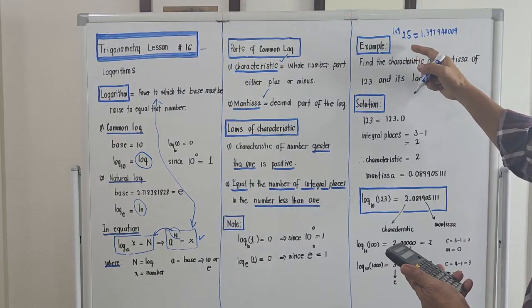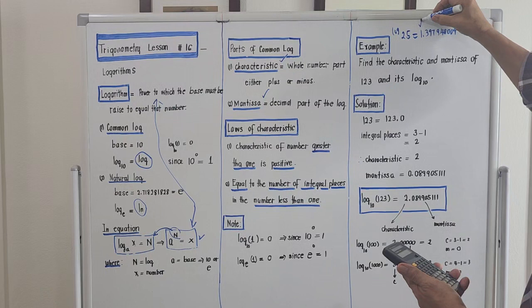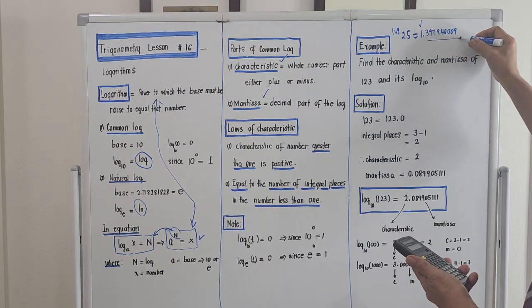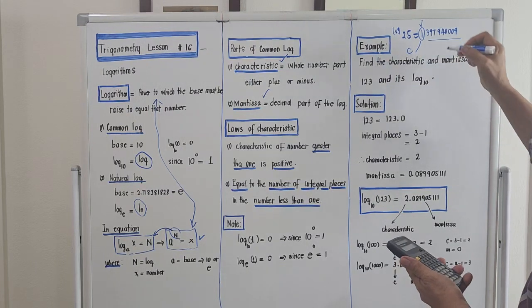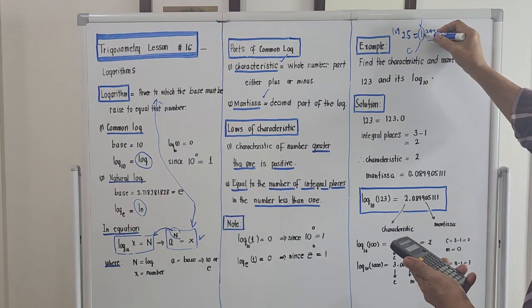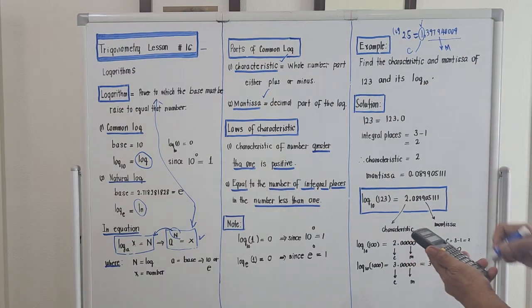Okay, this is the logarithm of 25. There is a number 1 there, and there is the decimal part there. This whole number part here is actually the characteristic, and this decimal part here is actually the mantissa.